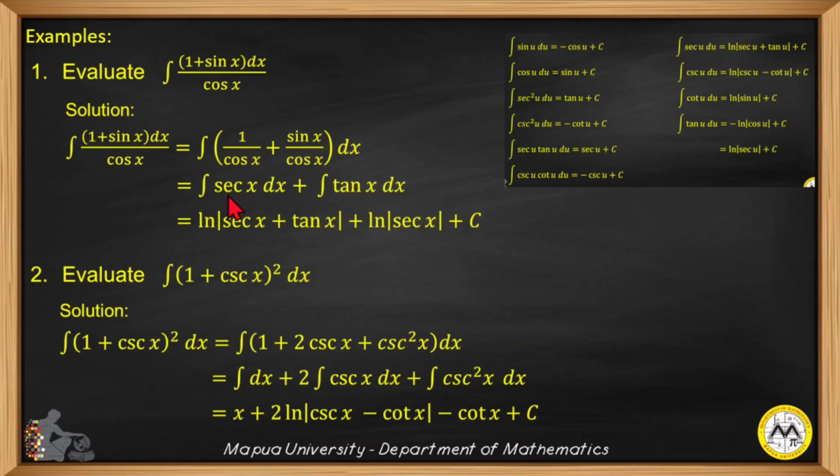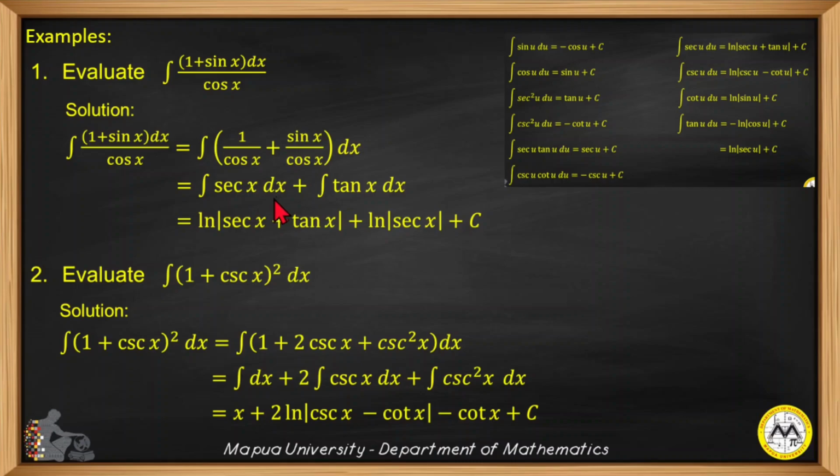The integral of secant x dx, using the formula for the integral of secant u du, is the natural log of the absolute value of secant u plus tangent u plus the constant c, where u here is x and du is dx.